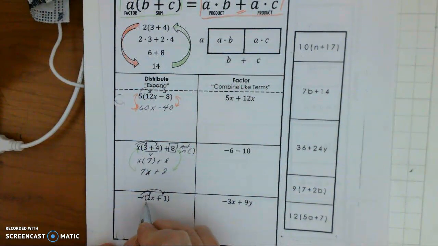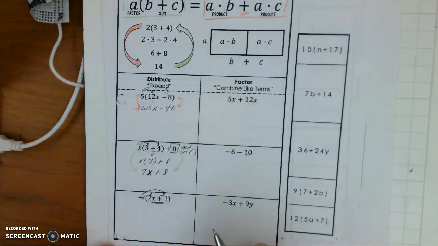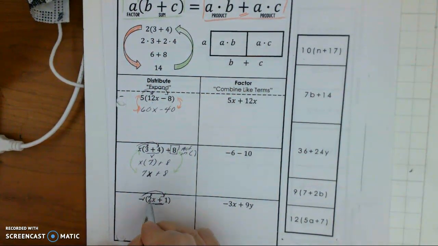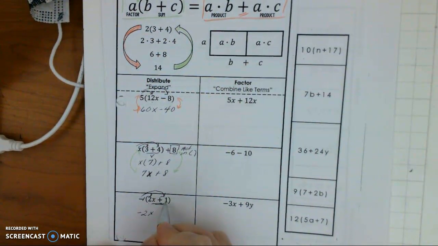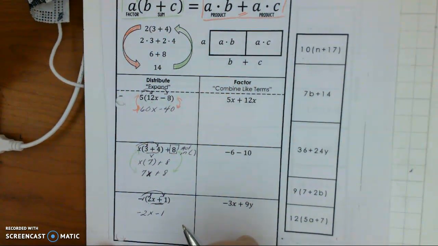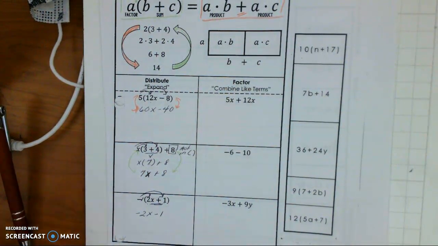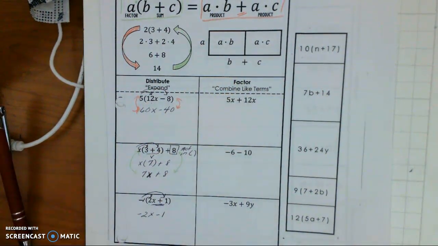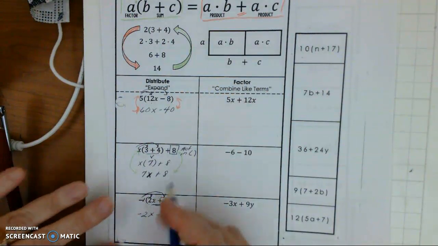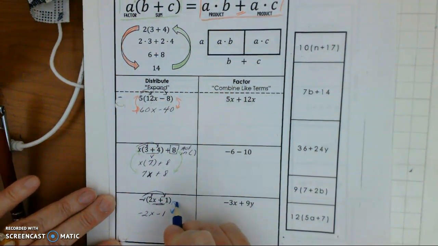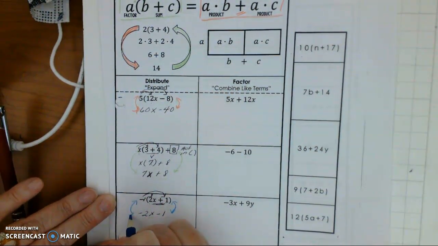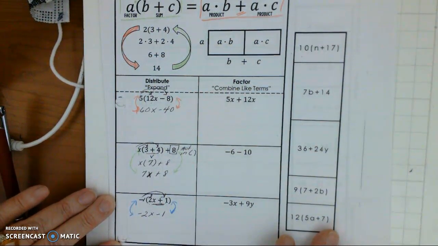So we're going to do negative 1 times 2x, because we can't combine these, they're not like terms. Negative 1 times 2x is negative 2x, and negative 1 times positive 1 is negative 1. Again, I'm going to pick a different color. These are equivalent expressions. They mean the same, they equal the same thing.